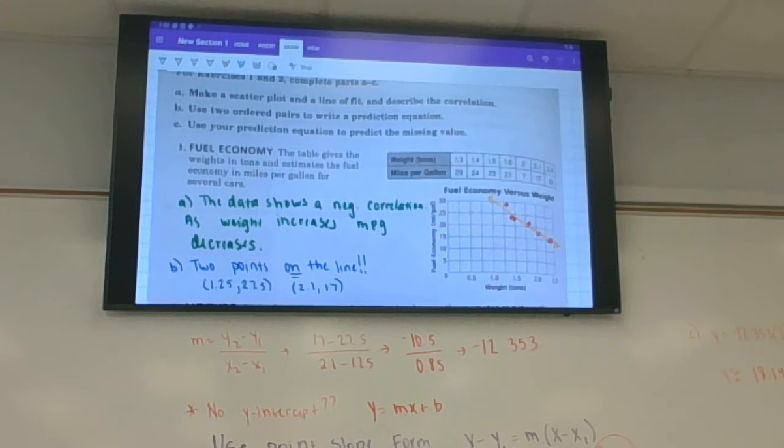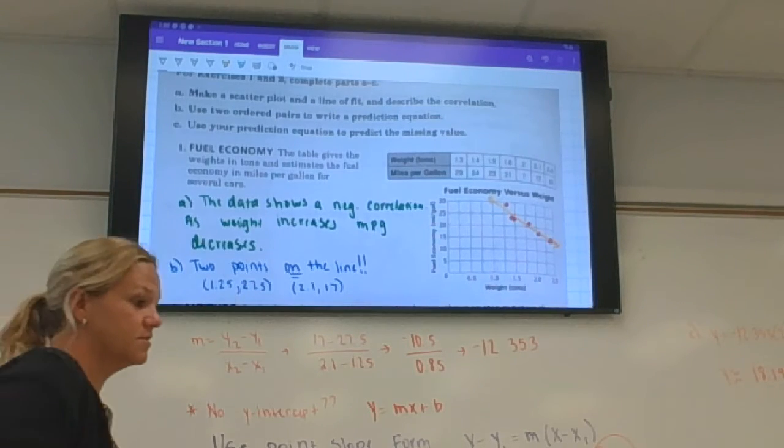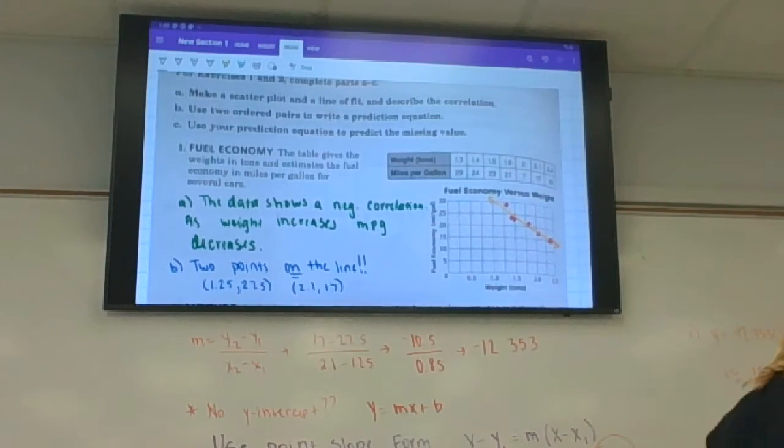Your slope times... Oh my gosh, you did it. It is very cool and exciting when it ends up exactly on your line. Alright, you guys, go on. Do number 2.